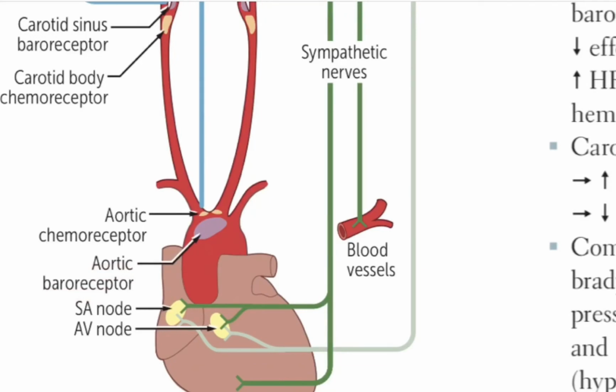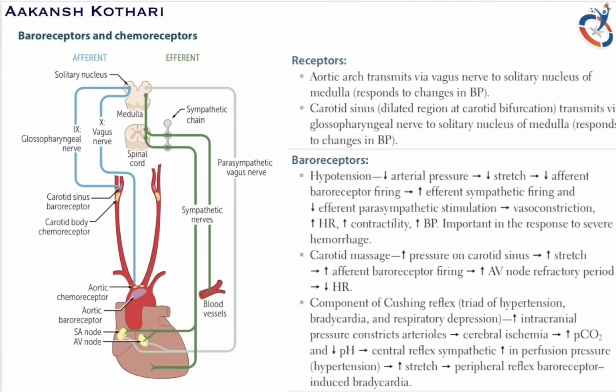Is it clear? Now, the aortic arch transmits via the vagus nerve to the solitary nucleus of the medulla oblongata. That means all the sensation is transmitted by cranial nerve 10, which from here moves to the solitary nucleus of the medulla and transmits the signal of blood pressure.